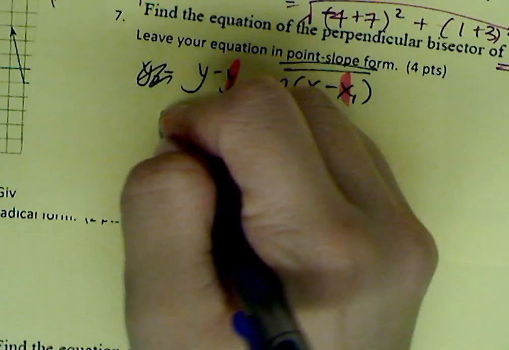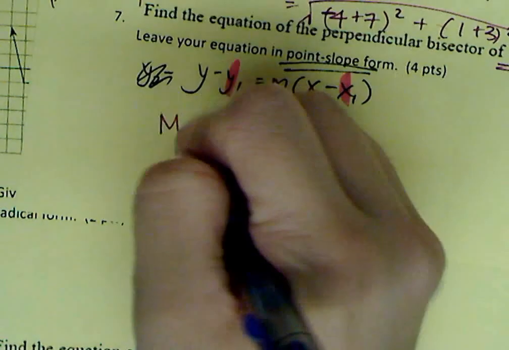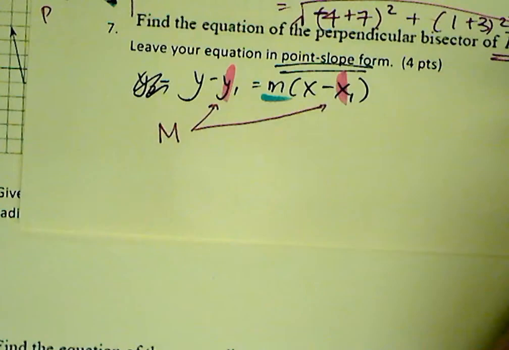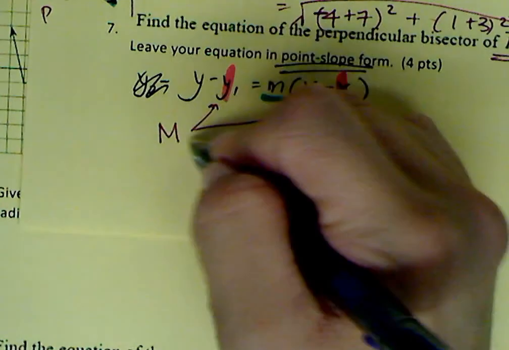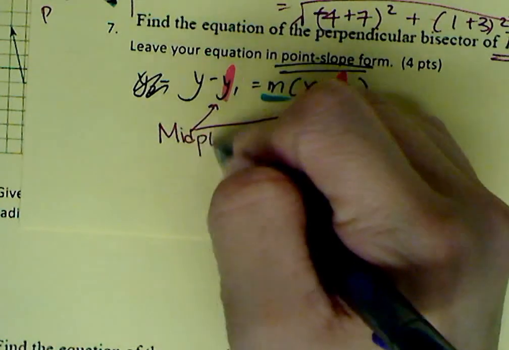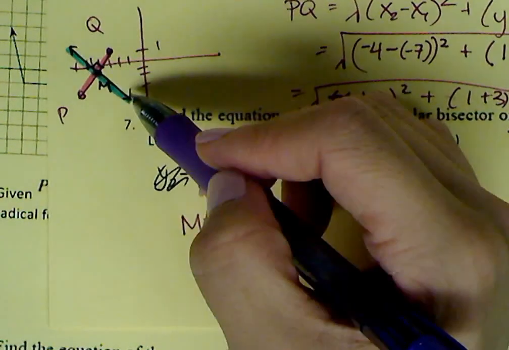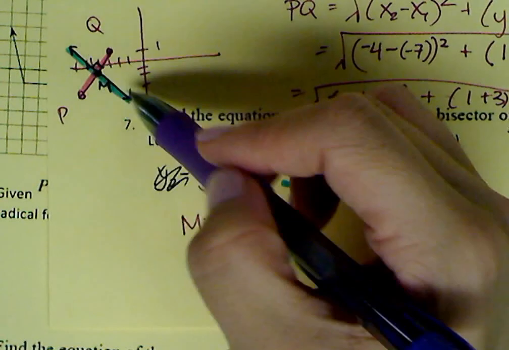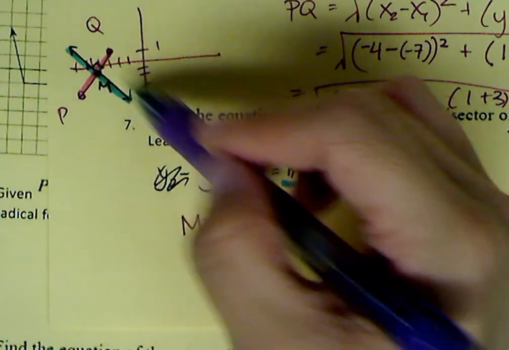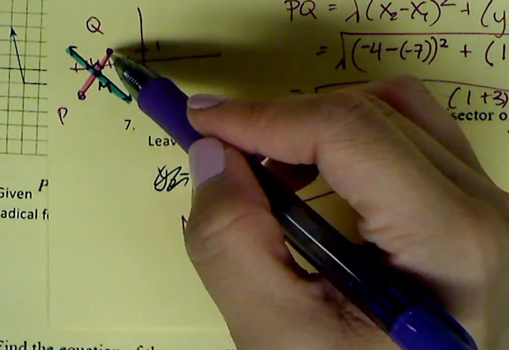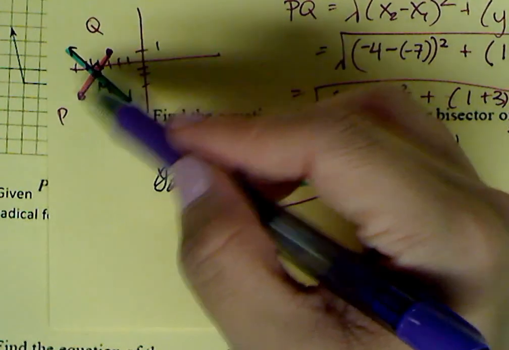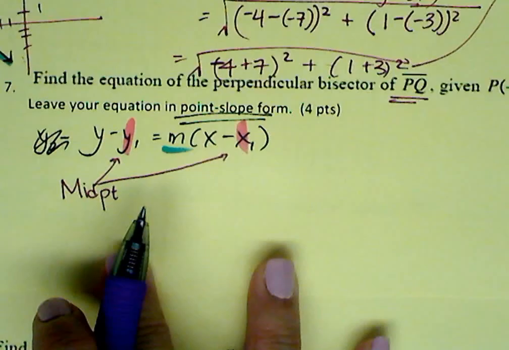Okay? So let's find the midpoint. How do I find the midpoint between 2 points? I have to add the x's, -7 plus -4 over 2, and add the y's, right? So that's -11 over 2 and then -2 over 2. You need to stop talking, please. Okay, and then that's -5.5 and -1, yeah?